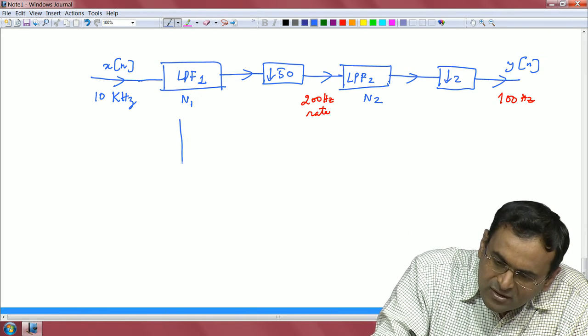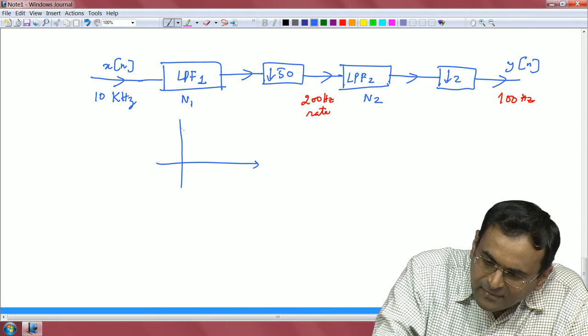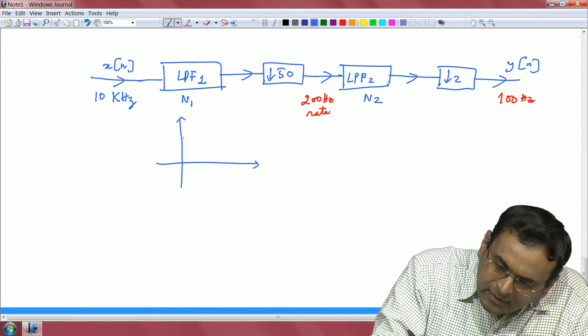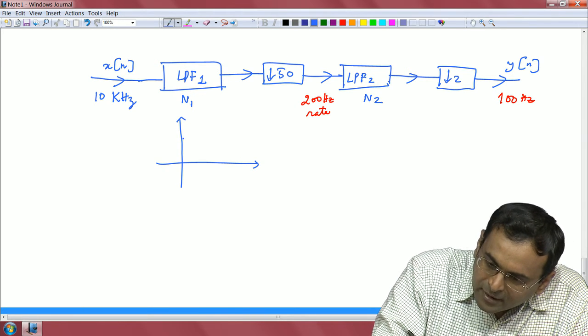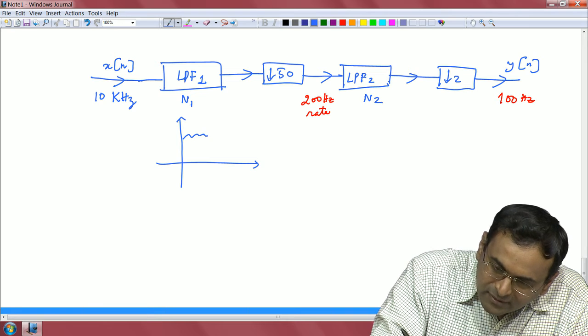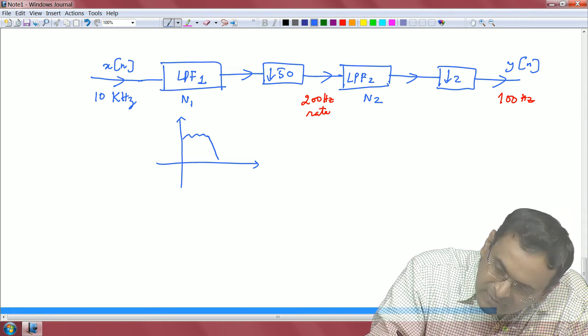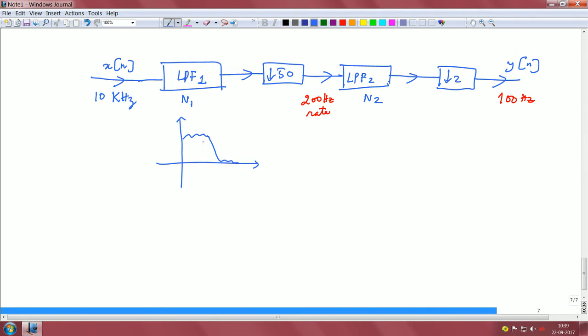For this stage, I am keeping it flat, but just imagine in your mind some ripples here. Let us assume that this is 45 to 150, right. I am stretching my transition band.